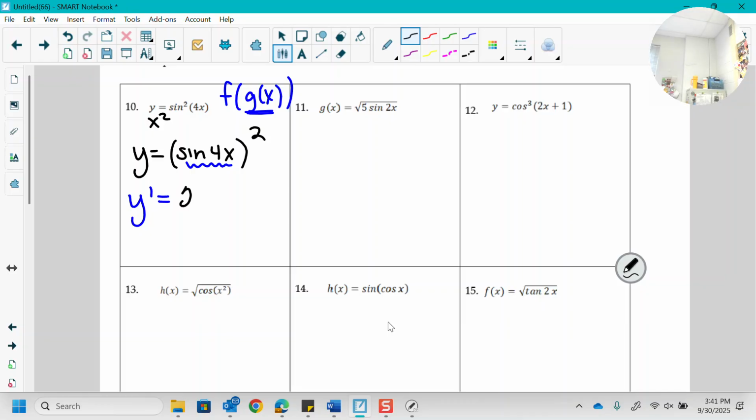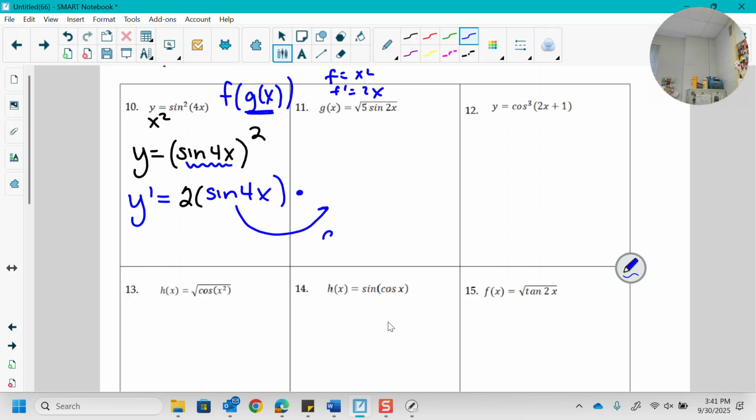When I take the derivative of that, it's going to be 2 times what's in place of the x. And what's in place of the x is sine 4x. Because if f is x squared, then my derivative is 2x. So I've got 2g of x times the derivative of g, which is going to be cosine of 4x.